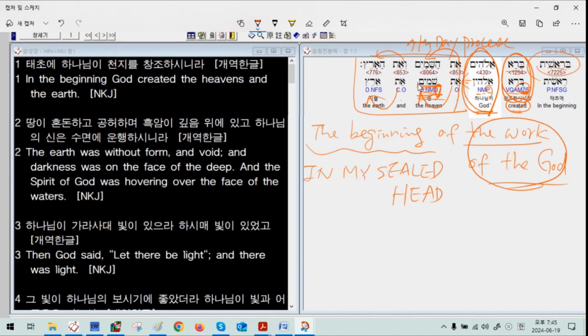And also polishing, sharpening the water. So through the 7-day process, there is an Elohim process. So in my sealed head, it starts from the first heaven, complete the new heaven, starts from the first earth, complete the new earth, right? There is an Elohim.